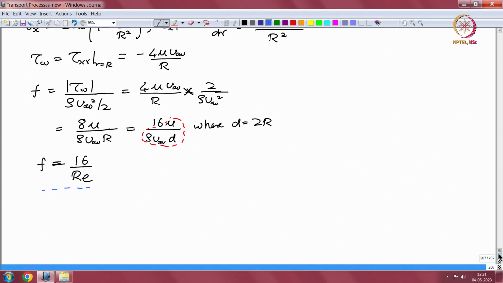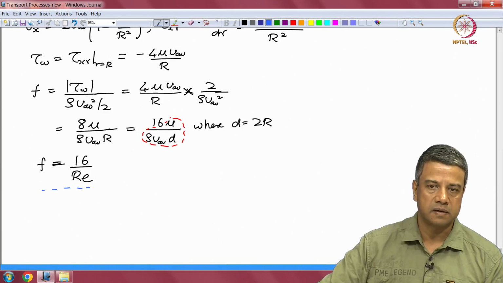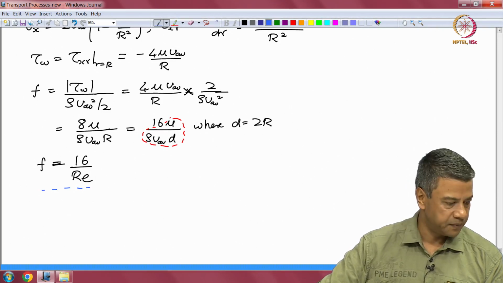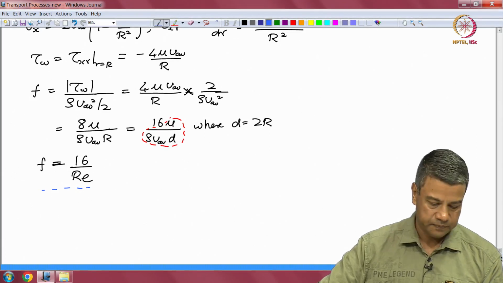You can get it either from the Moody charts, or from the Colebrook relation or other approximate relations. In general, the friction factor for a turbulent flow will be higher than that for a laminar flow.